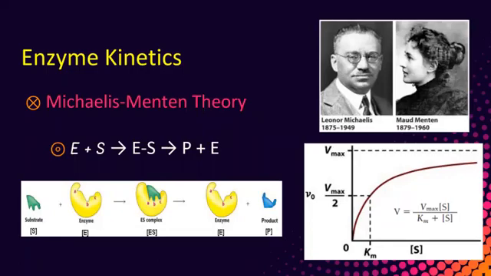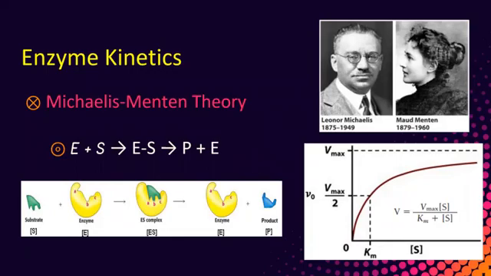Here we have E plus S: enzyme plus our substrate will result in an enzyme-substrate complex, and the result would be enzyme plus the product.